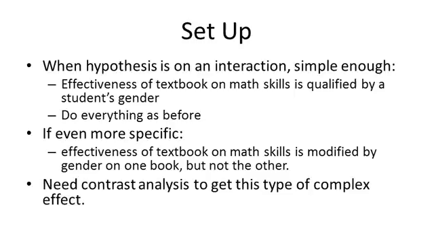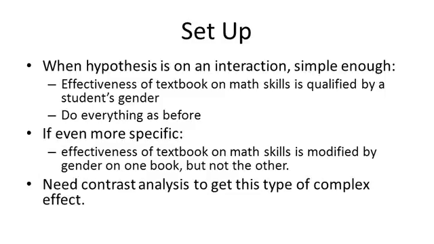Now moving on to something called contrast analysis and post hoc analysis of your ANOVA tests. So when you have an experiment that you want to make a hypothesis on, let's say that your hypothesis is going to be on interaction, it's simple enough to make that test. You just say that your hypothesis is that effectiveness of a textbook on math skills is qualified by a student's gender.